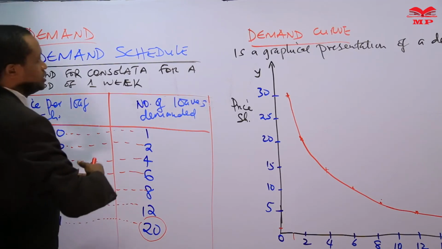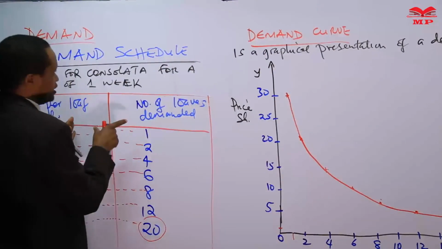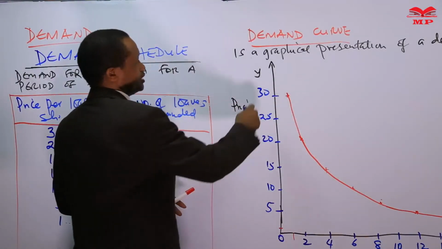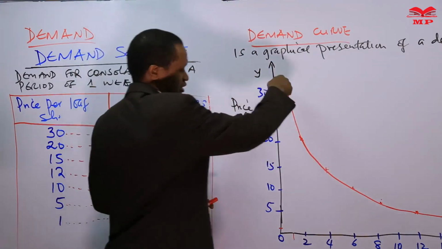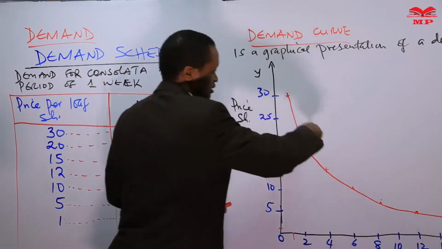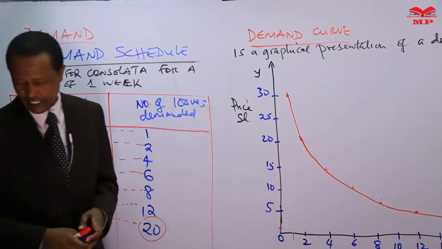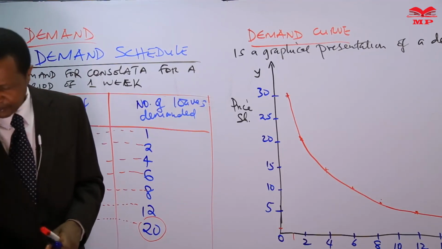So this is represented in a graph. When you represent this schedule in a graph, then you have what we call the demand curve. And you can see it is sloping downwards. So we have prepared a demand curve.